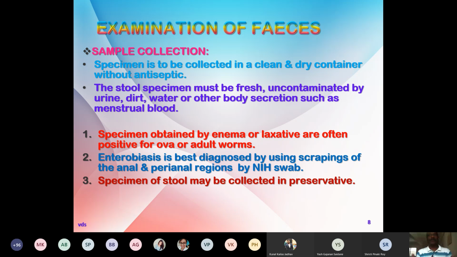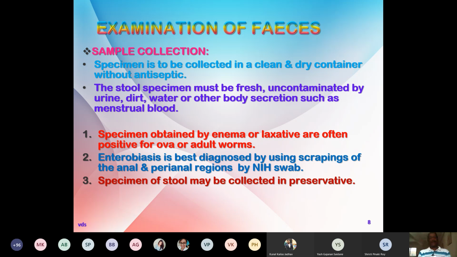We may not be observing the intestine of the patient, but clinical evidence may go to a misdiagnosis of ulcerative condition. That's why the specimen should not be contaminated, not even with urine.